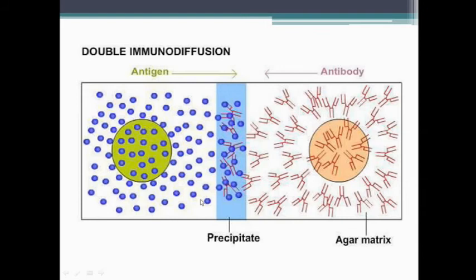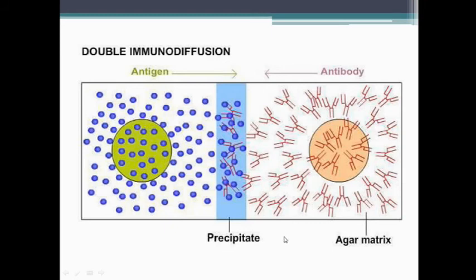Here you can see it is a glass slide. After the agar gel is poured, two wells are formed. In one well we can pour antigen solution and in the other well we can pour antibody solution. So this is the antigen excess zone, and this is the antibody excess zone.